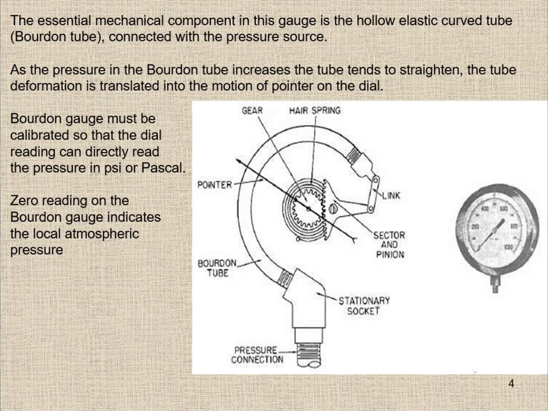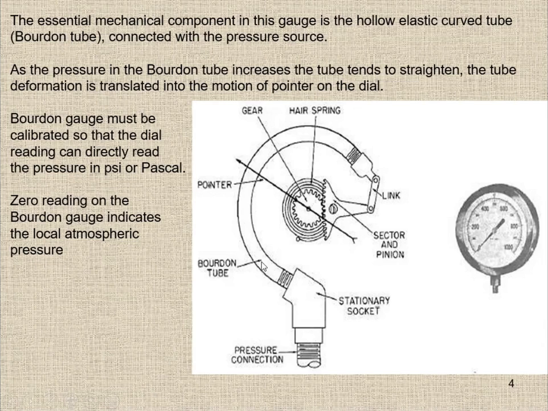Now let's see how this Bourdon gauge works. You can see in the picture this is a C-shaped Bourdon gauge. The essential mechanical component in this gauge is the hollow elastic curved tube, the Bourdon tube, connected with the pressure source.